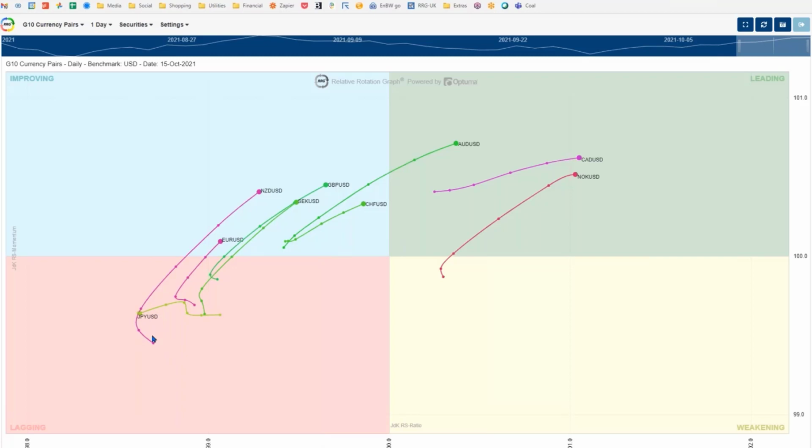This is bad and getting worse, is the picture. So I'm going to look today at, yes, of course, the euro and the pound, but also we'll look at one of these commodity currencies here, and also the yen as well. And the best pairing is to take one of these on the long side, and we've got something that is much weaker than the dollar, which is the Japanese yen. So we'll have a look at that chart.